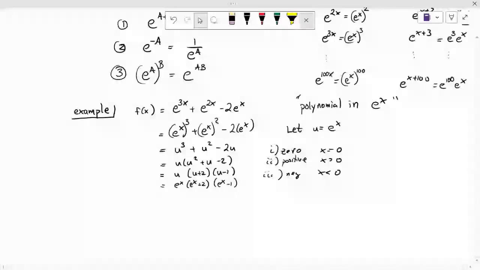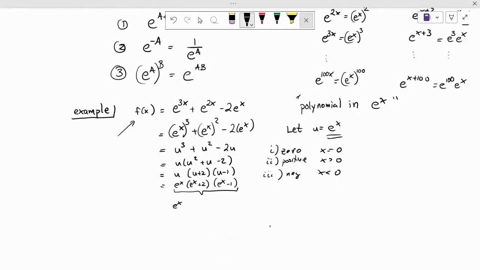Okay. All right, so we recognize that this function is really a polynomial in e to the x. So we were able to factor like any other polynomial, but we have e to the x, right? And now we would find where this function is 0, positive, negative.